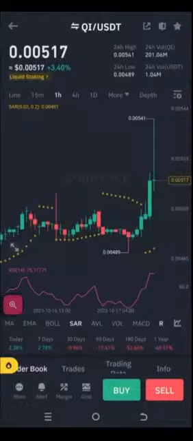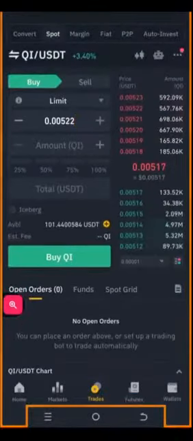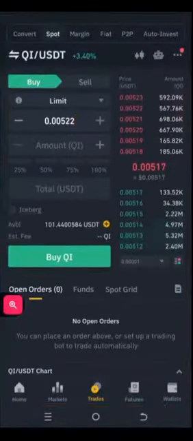Look at QI USDT. How much did we make? $1.44. Of course, it was $1.54, but we had to pay 10 cents for fees. So now we're left with $1.44. Good one. 1.44% profit, which is good.